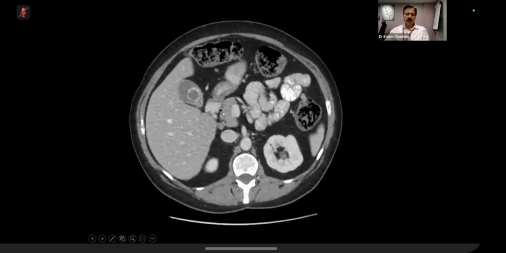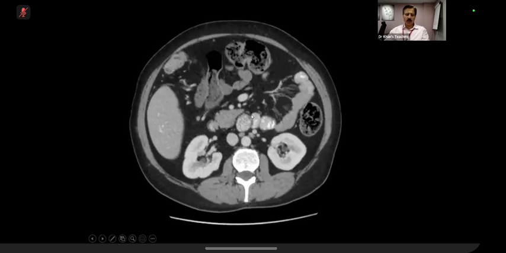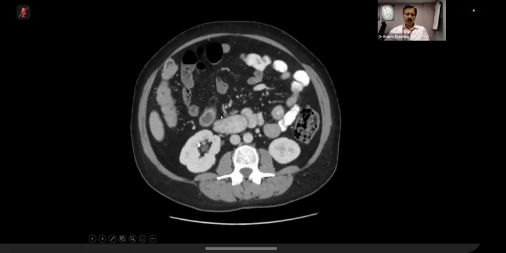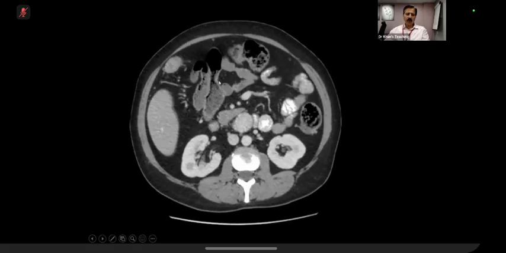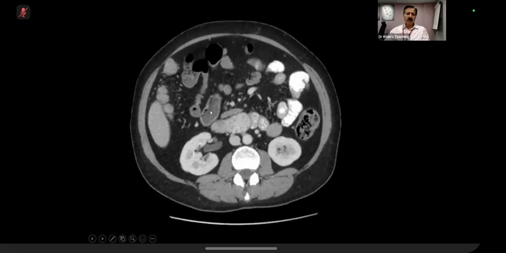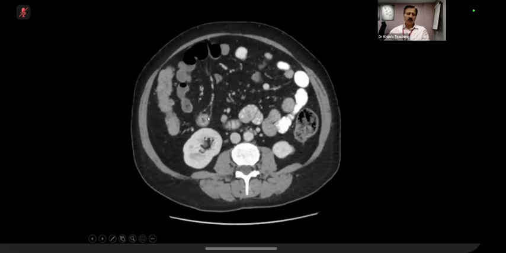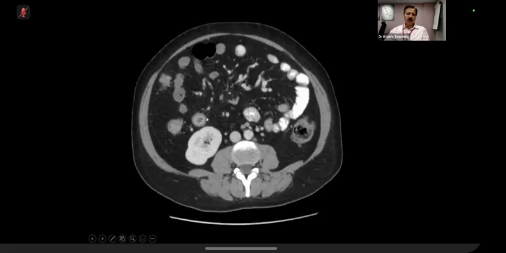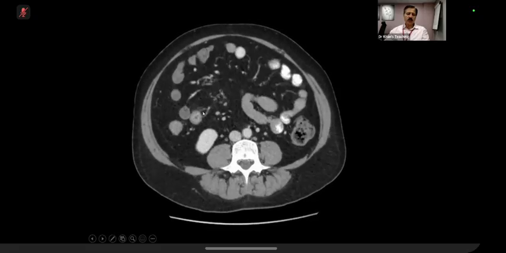This is an incidental finding, I'm not worried about that. Now, look at this loop, and this loop has got what we call the small bowel feces sign, where there is some material within the small bowel.